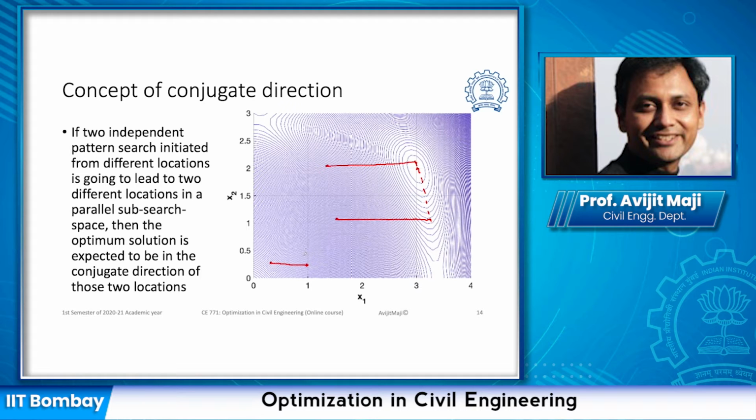Now from this point I will move to the second variable direction, which is this. And if you look into these two lines, the parallel direction for this one would be again this one.